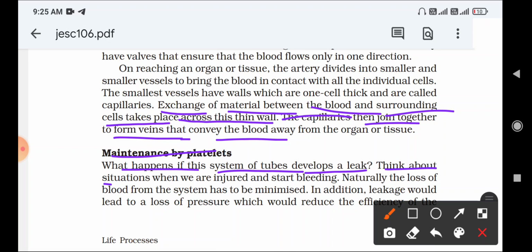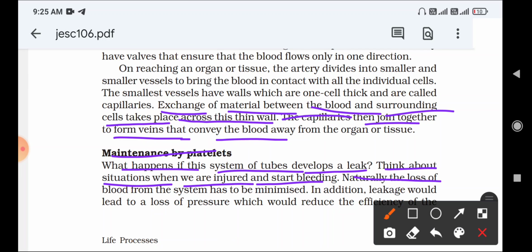Think about situations when we are injured and start bleeding. Sometimes when we are injured, the blood bleeds.